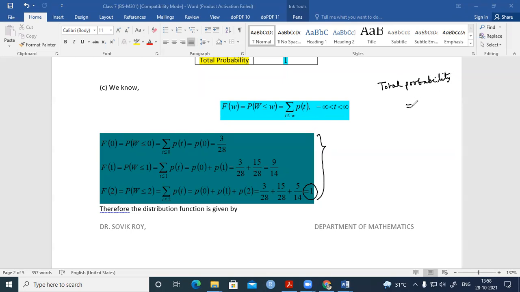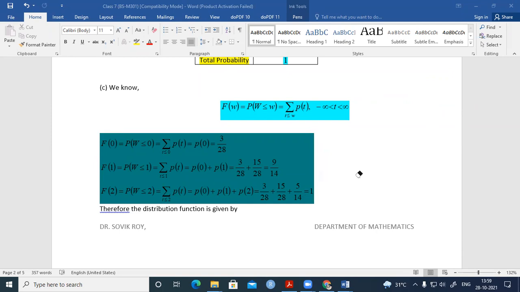So the total probability will always be equal to the last value of the distribution function. If the last value of the distribution function comes out to be 1, that means your calculation is all right. If it is not, that means you have made some mistake somewhere in between. Maybe it is your mistake, maybe the chart is not complete at all.